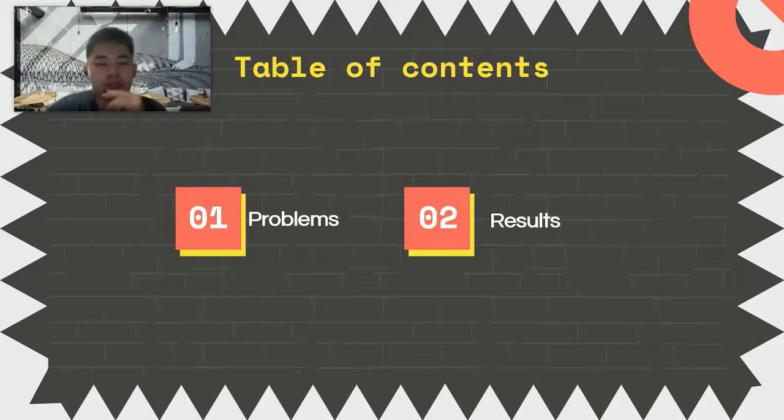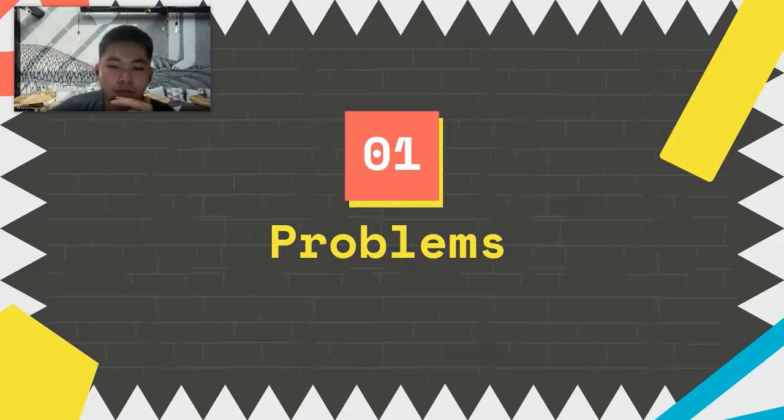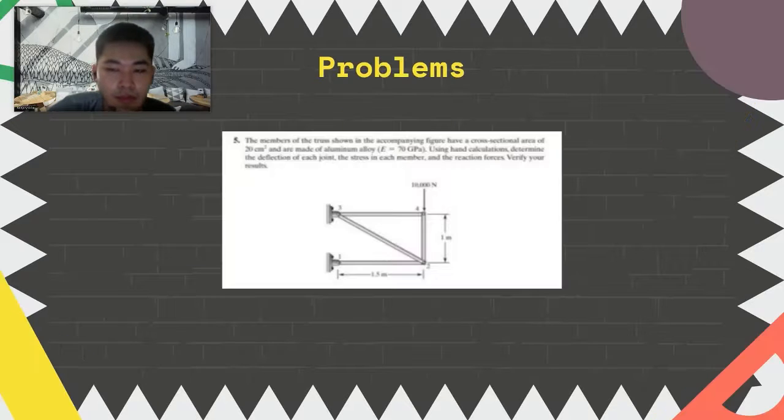So in this presentation, we are going to discuss the problems and the results. The first one is the problems. The members of the truss shown in the accompanying figure have a cross-sectional area of 20 centimeter square and are made of aluminum alloy with a modulus of elasticity of 70 gigapascal.